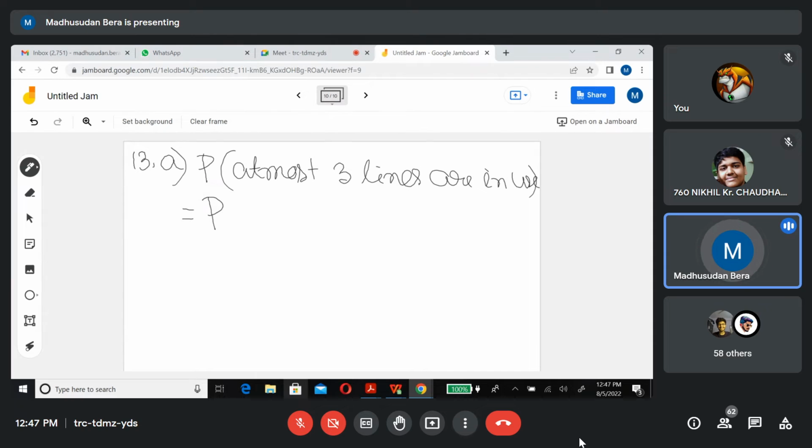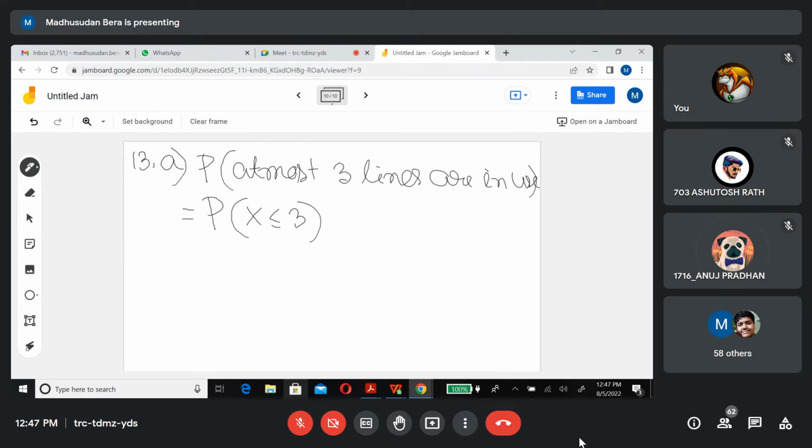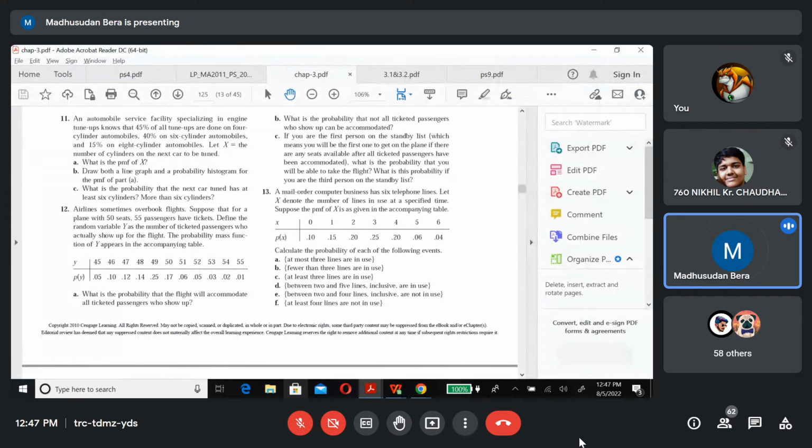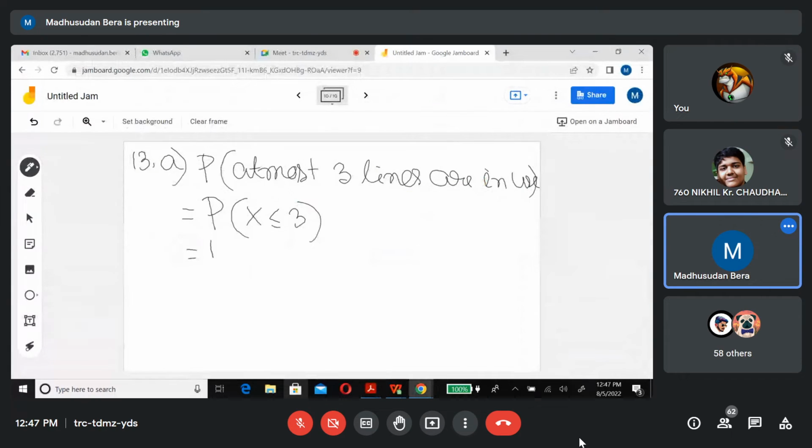That means it will be probability of X at most 3, so below 3 is also possible. That's why probability of X less than or equal to 3. Is that okay? Now X has how many values? 0, 1, 2, 3, 4, 5, 6. So less than or equal to 3: probability of X equal to 0, X equal to 1, X equal to 2, plus probability of X equal to 3.